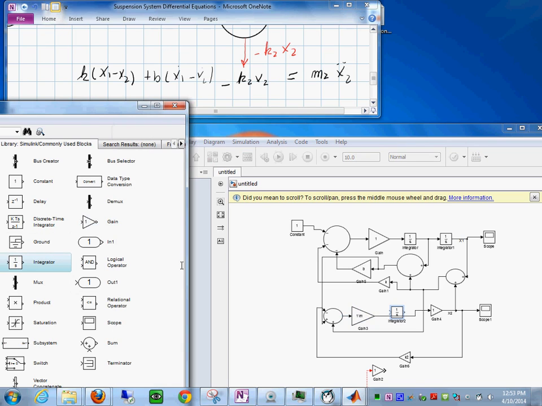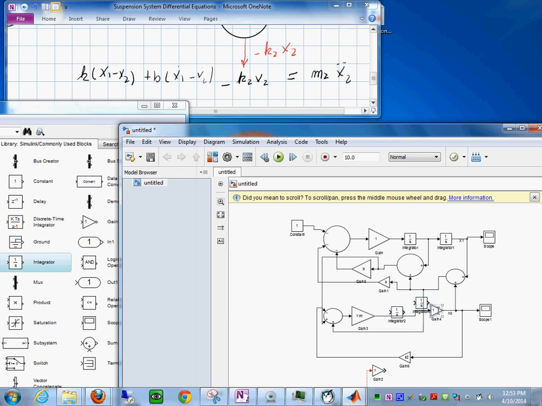So we have an error in there. So we have to integrate this with this, and then finally this with that.